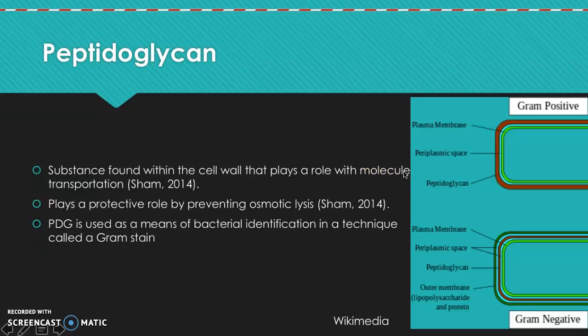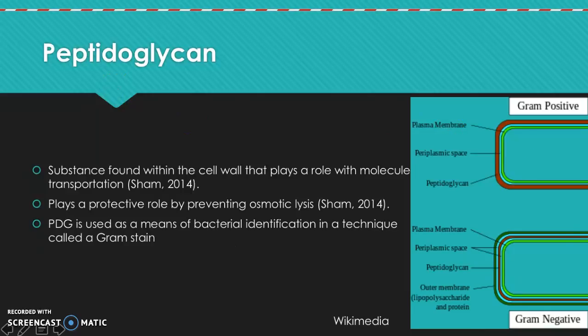When looking at the peptidoglycan layers, there is a difference in the amount a cell can have. This important aspect actually gave rise to the classification of a bacterial cell being either gram-negative or gram-positive. When you look at the gram-positive bacteria, you can see that the peptidoglycan layer is thicker than that of the gram-negative bacteria.